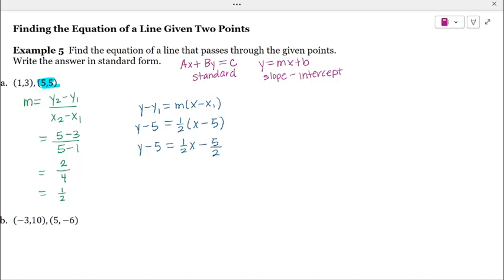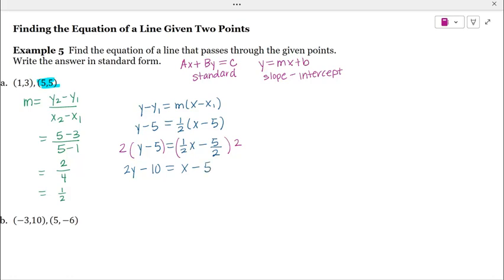And I want to rearrange this into standard form. And one of the things about standard form is we don't have fractions. So I am going to multiply both sides of this equation by 2 to clear the fractions there. So we have 2y minus 10, and then we'll have x minus 5.